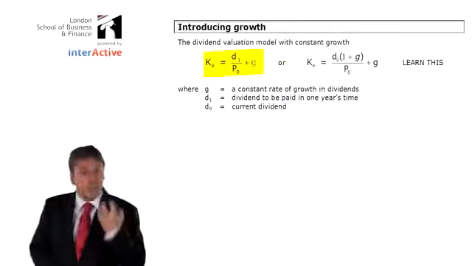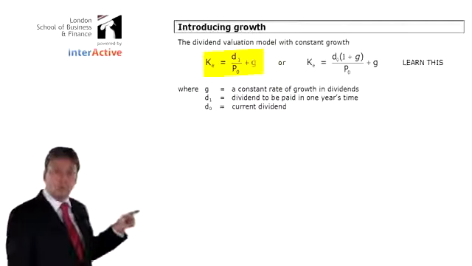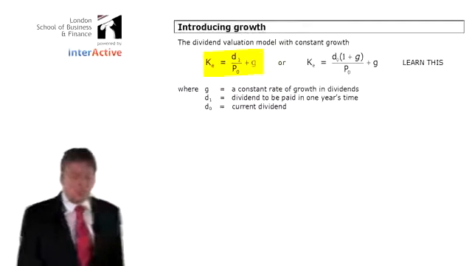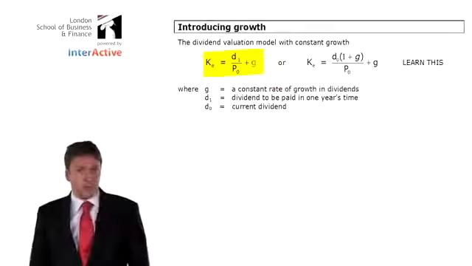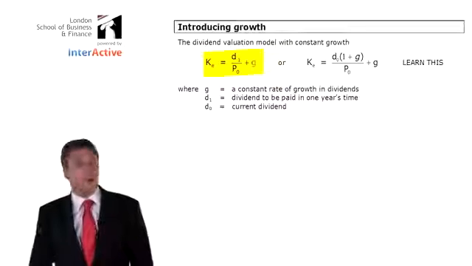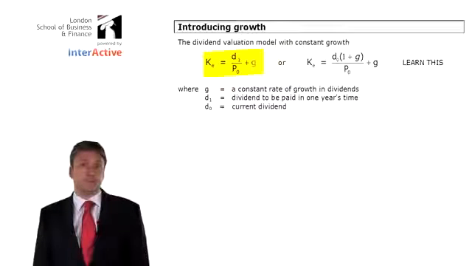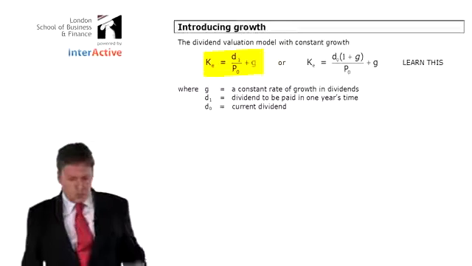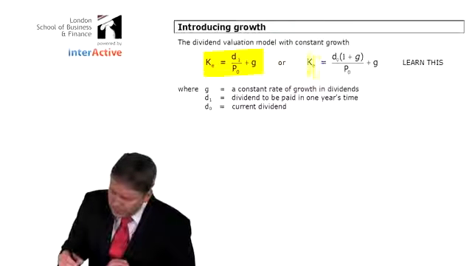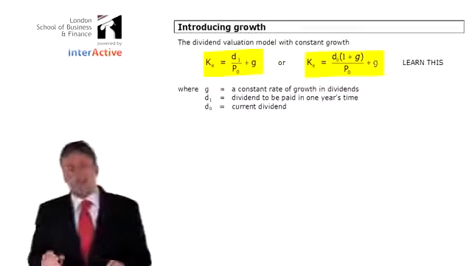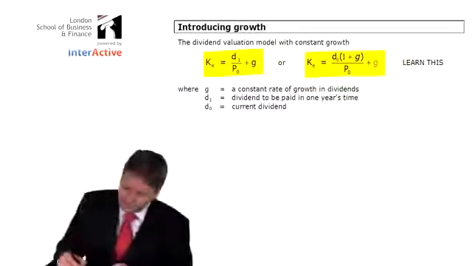So D1 is the dividend in 1 year. We divide by P0, the price, and we add g. Well, g is very straightforwardly the growth rate. If you want to, we could revise things slightly. It's a very simple idea.